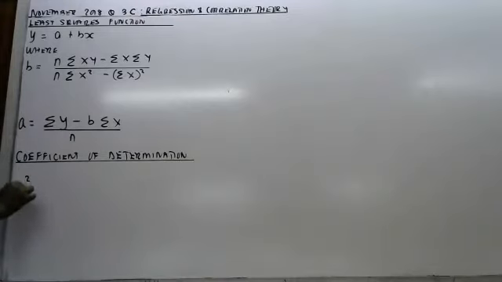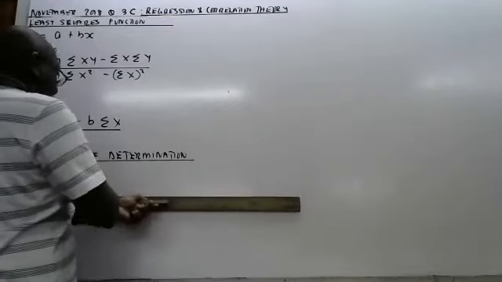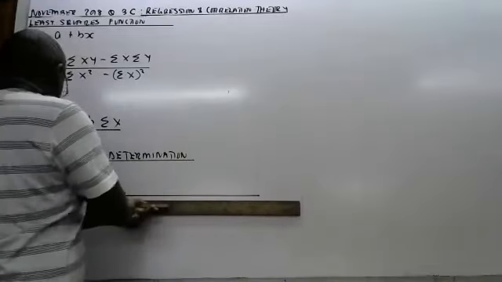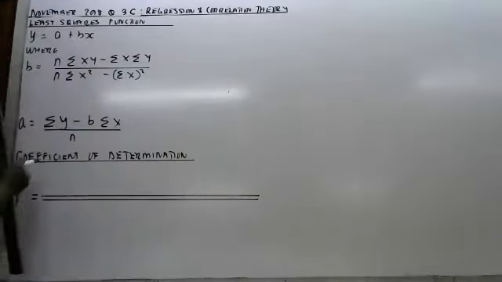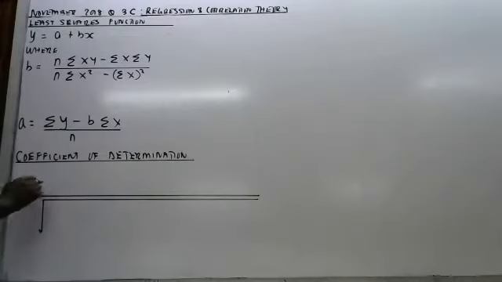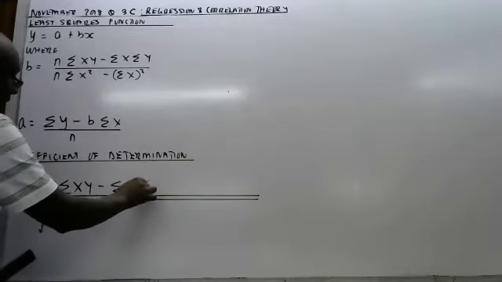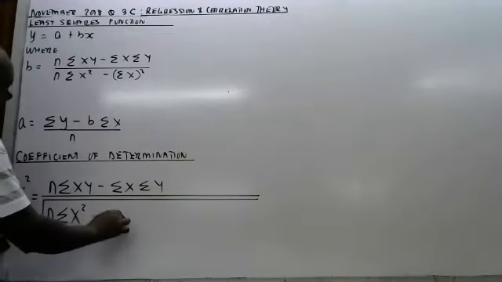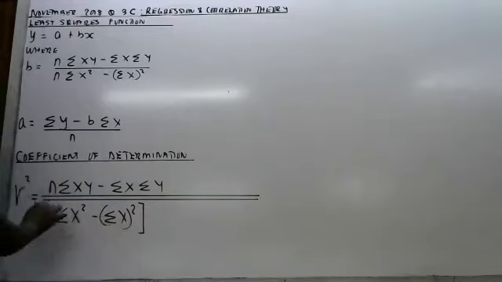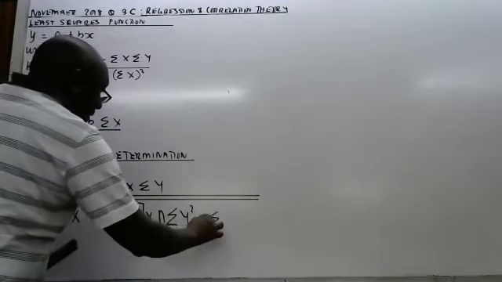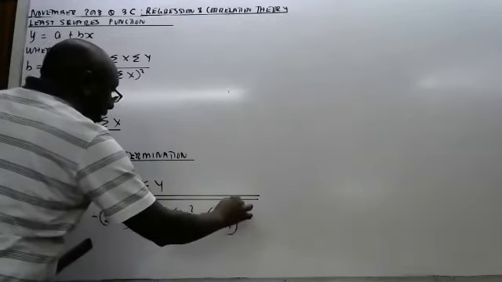Now this is r squared, which is supposed to be given as n sum of xy minus sum of x sum of y, then n sum of x squared minus sum of x, you square this, you multiply by n sum of y squared minus sum of y, you square this.